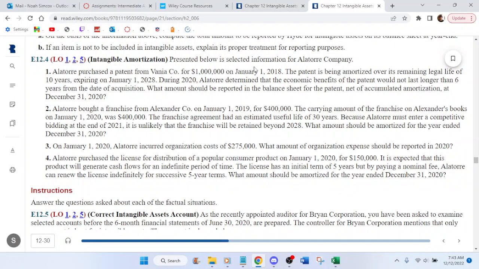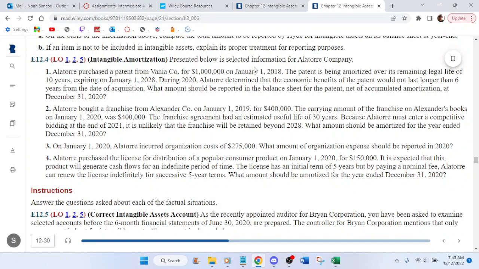So it's very easy. What you do is you calculate the amortization over the period of time from January 1st, 2018 to... So you have amortization for 2018 and 2019 based on the original 10-year life.